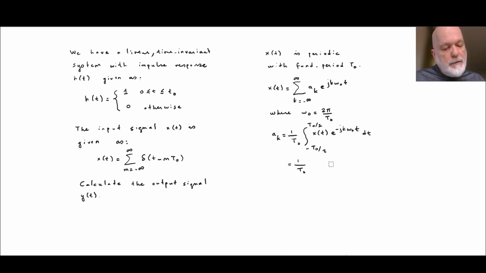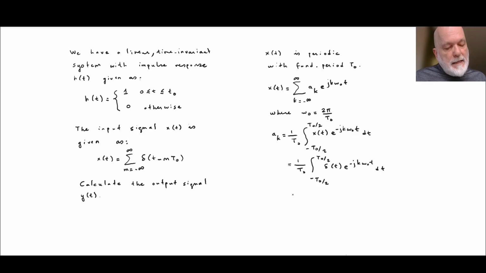Of course, we have the integral from minus T0 over 2 to T0 over 2 of delta of t e to minus jk omega 0 t with respect to t.